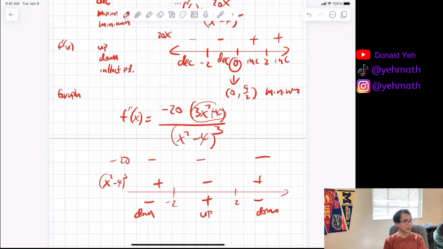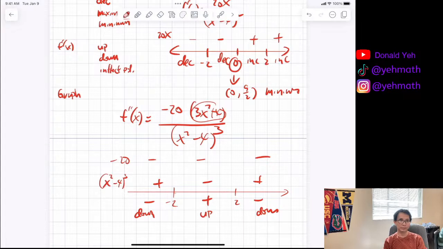Now is -2 an inflection point? That's a tricky question, by the way. Are -2 and 2 inflection points? Shouldn't the first one be positive because it would be negative of a negative number? Or no, sorry, just -20. Never mind. Ignore that.